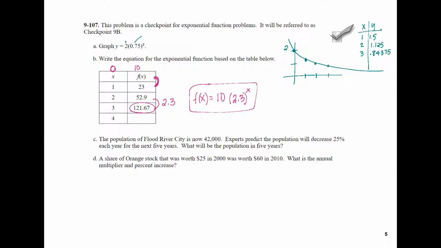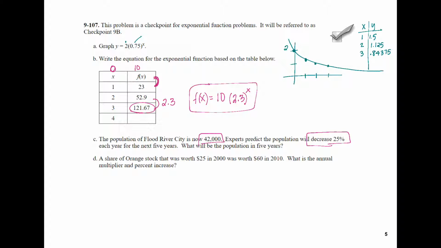Letter C says the population of Flood River City is 42,000 people. Experts predict that the population will decrease 25% each year for the next 5 years. What will the population be in 5 years?